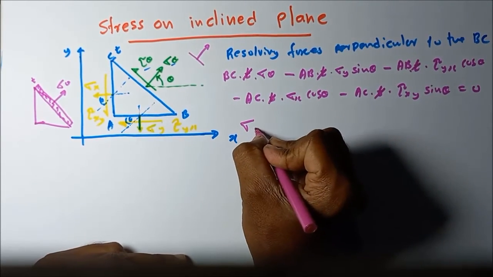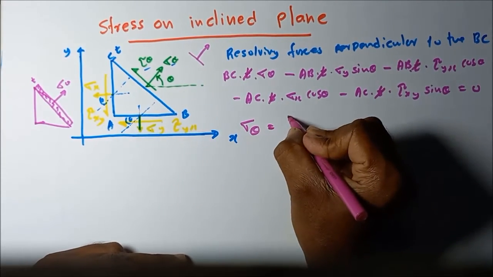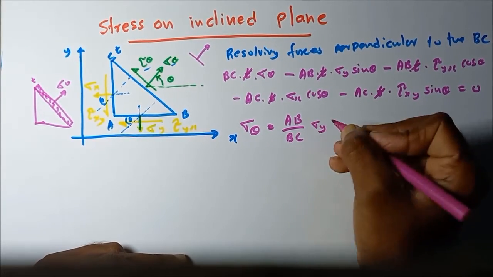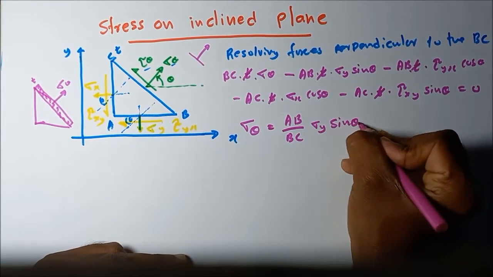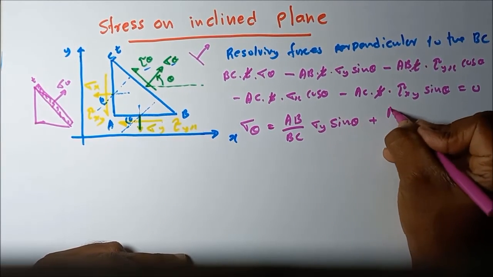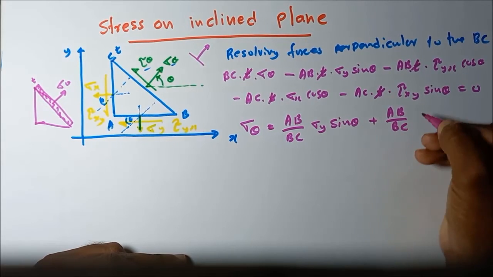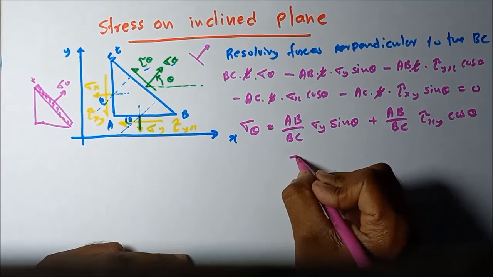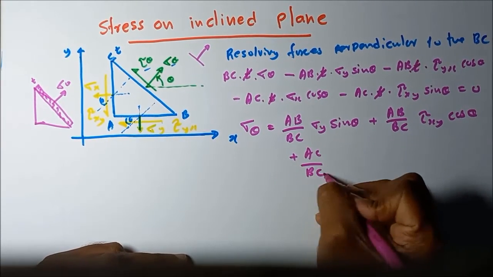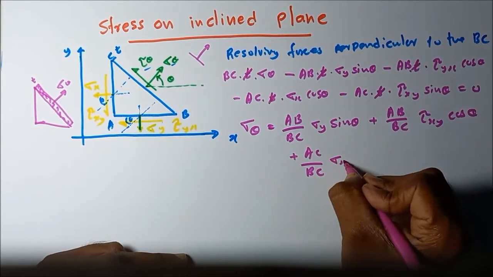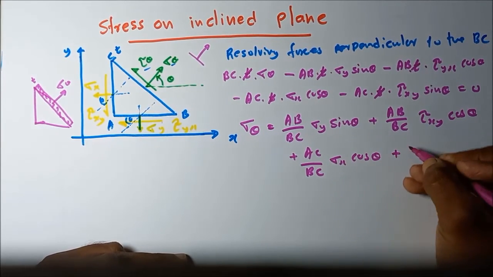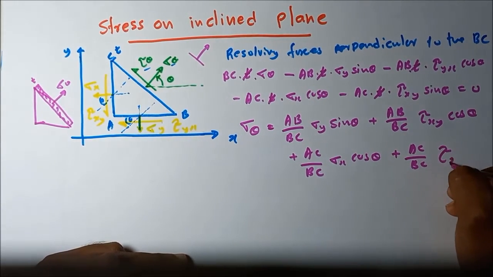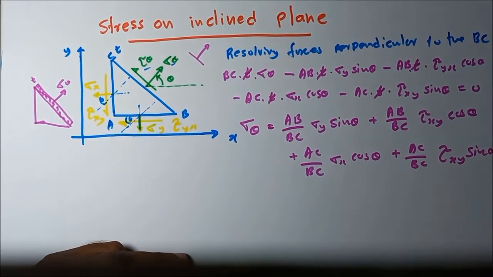Then we have sigma theta is equal to AB divided by BC into sigma y sin theta plus AB divided by BC tau xy cos theta plus AC divided by BC sigma x cos theta plus AC divided by BC tau xy sin theta.